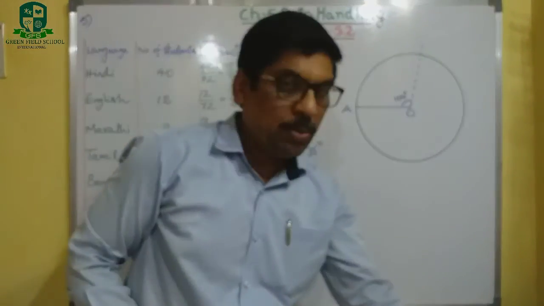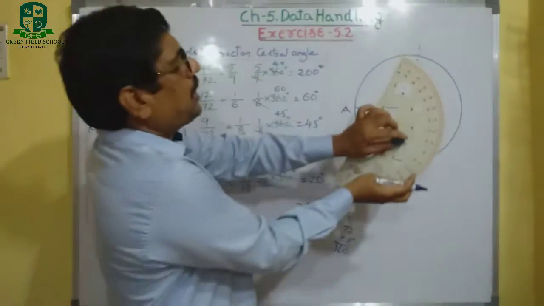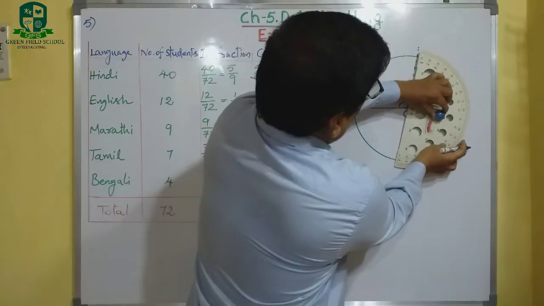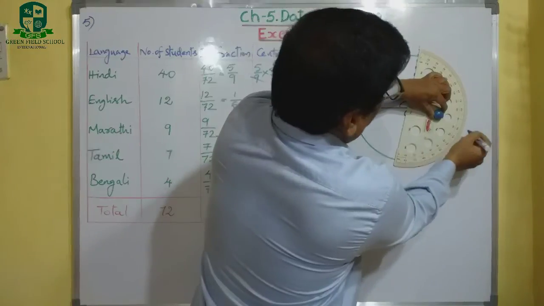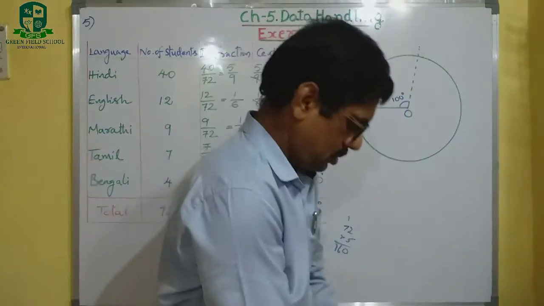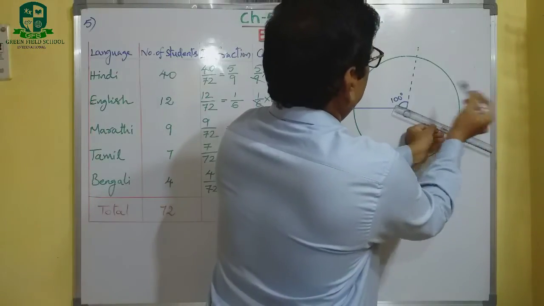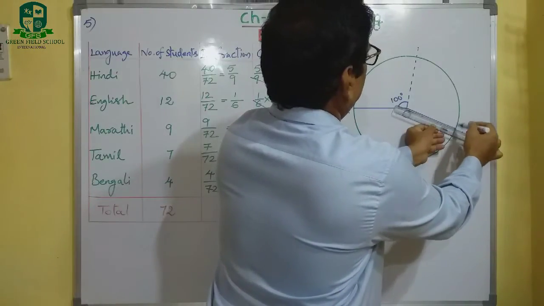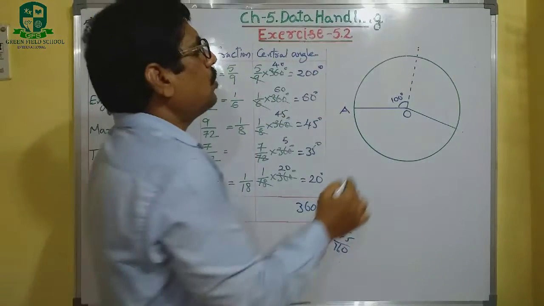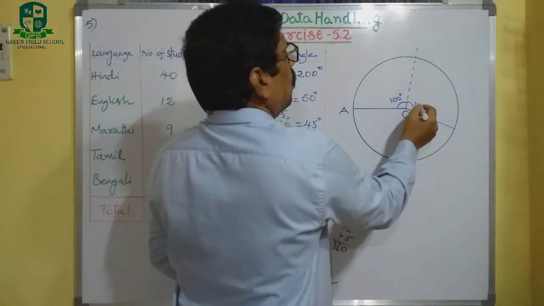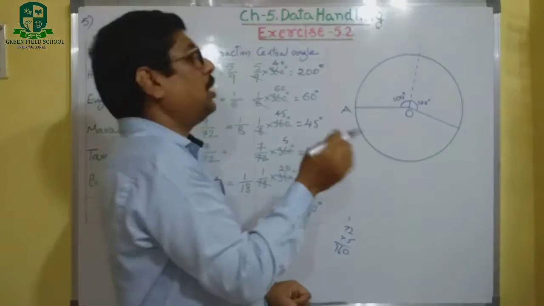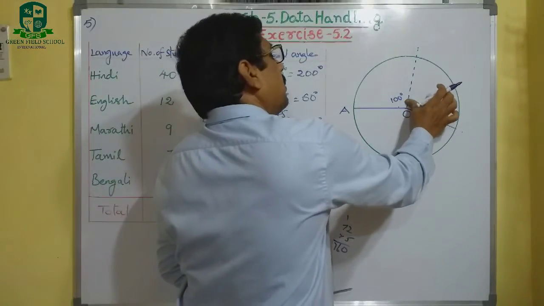Again, I will draw one more 100 by keeping on this imaginary line. Now, see. Okay, now this is one more 100. What is the total angle? 200.